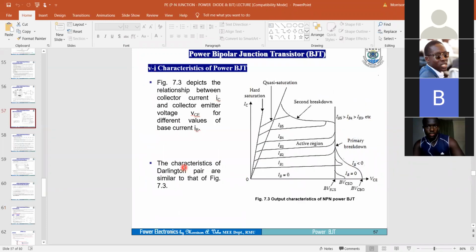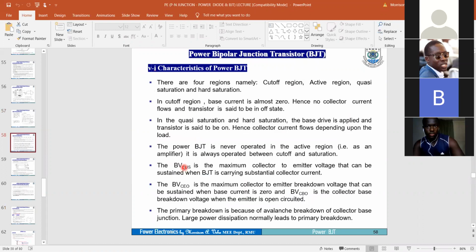So coming back to this, with the quasi region and then the hard saturation region, you apply the base drive to the base circuit, and then your transistor will be on.